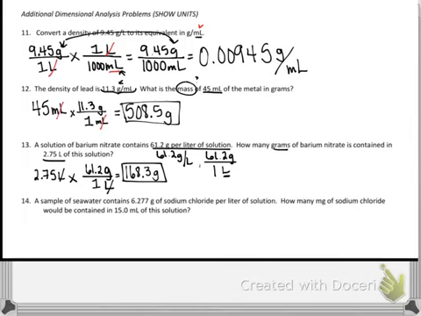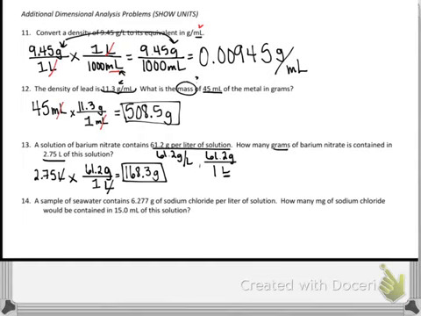Alright, our next problem says a sample of seawater contains 6.277 grams of sodium chloride per liter of solution. How many milligrams of sodium chloride would be contained in 15 milliliters of this solution? Alright, this is probably the most difficult problem. So we have to figure out information. Okay?